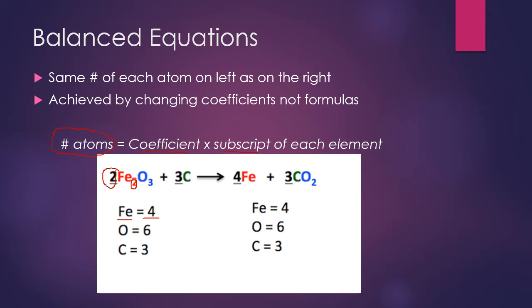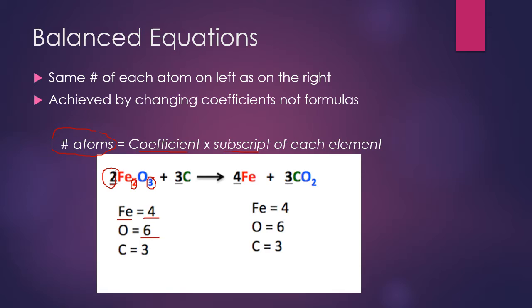For oxygen, we're still using the coefficient of 2 because that number 2 applies not only to the iron in that iron 3 oxide compound, but also to the oxygen. So to figure out the number of oxygens, we take the coefficient of 2 and multiply by the subscript on oxygen, which is 3. 2 times 3 gives us 6 oxygen atoms on the reactant side.